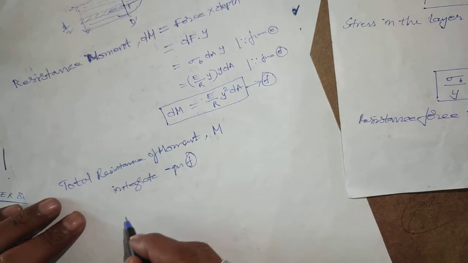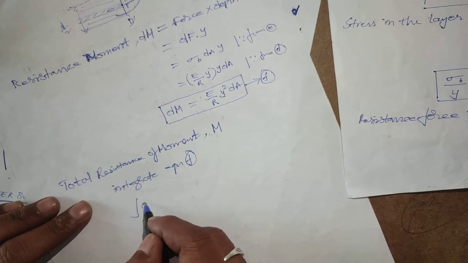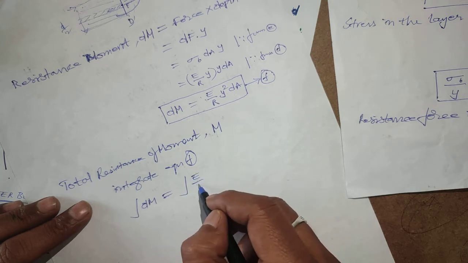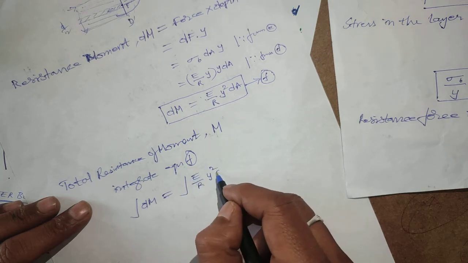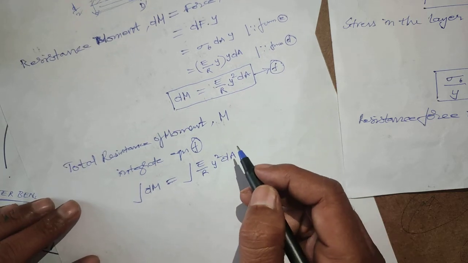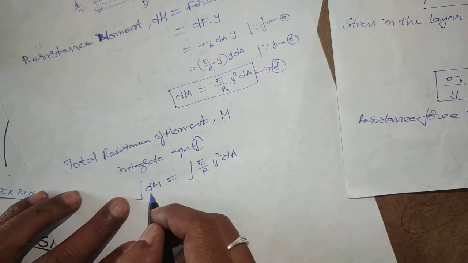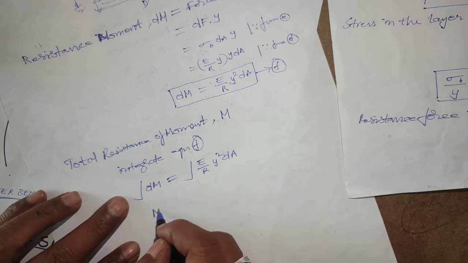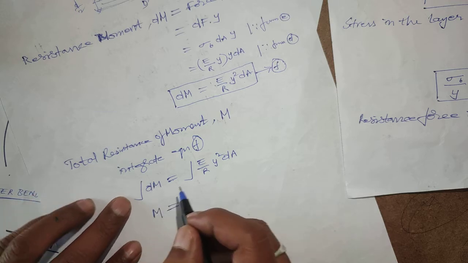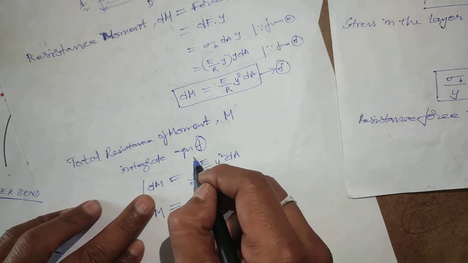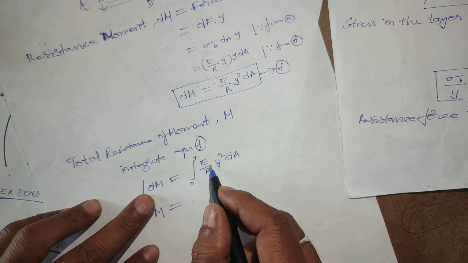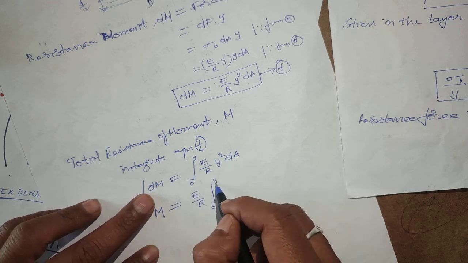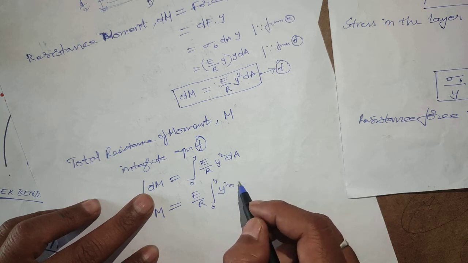Integrate equation F, that is dM equals E by R y square dA. Applying the limits here, integration of dM, total dM is M. It is 0 to y. E by R is constant. Integral 0 to y of y square dA.